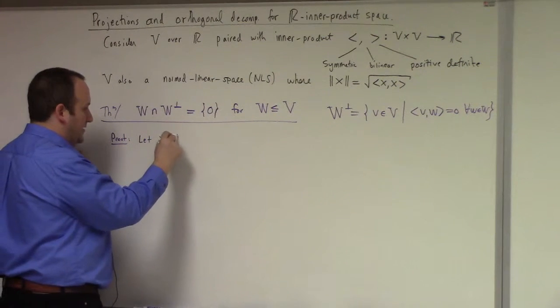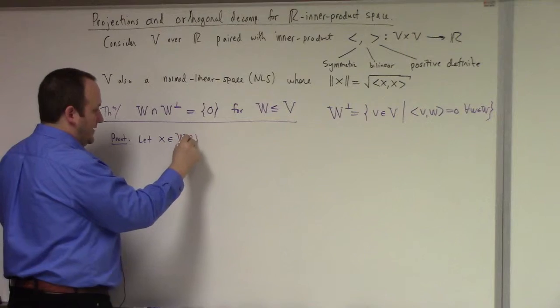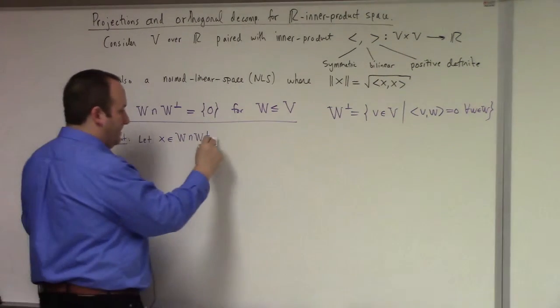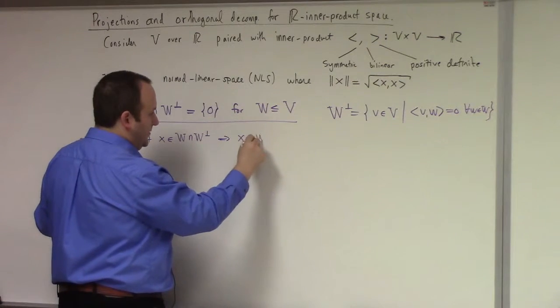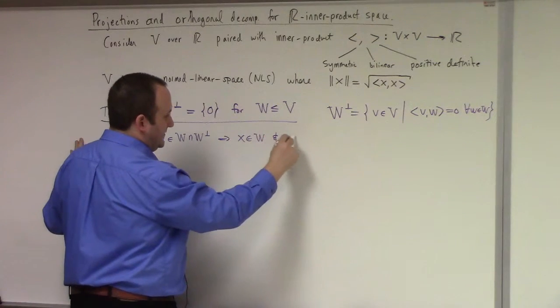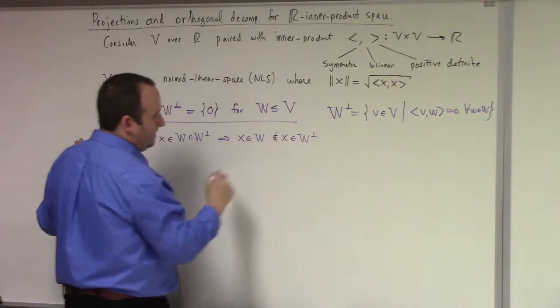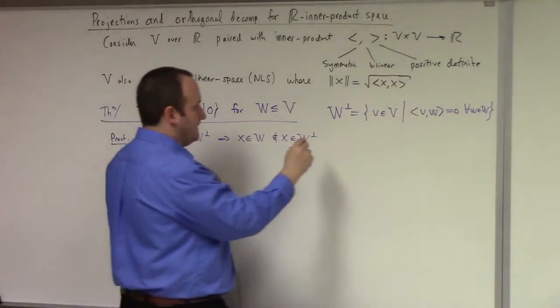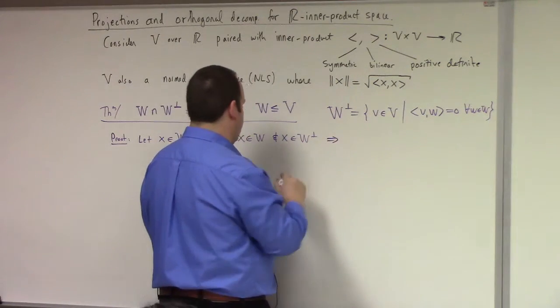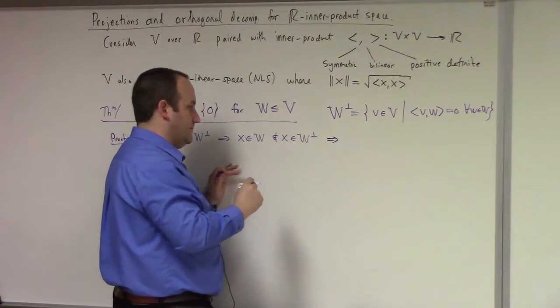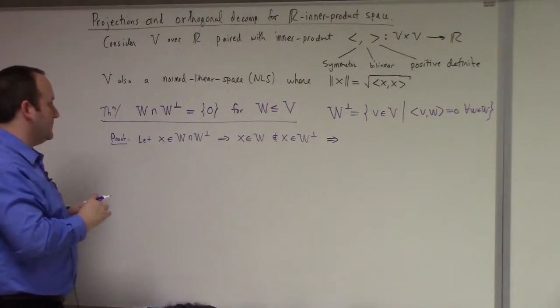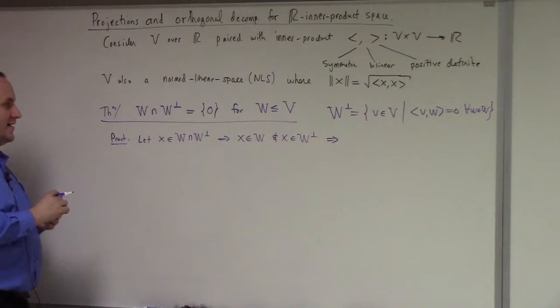So let x be an element of W intersect W perp. Then x is an element of W, and x is an element of W perp. What's that tell you? Why is it 0?